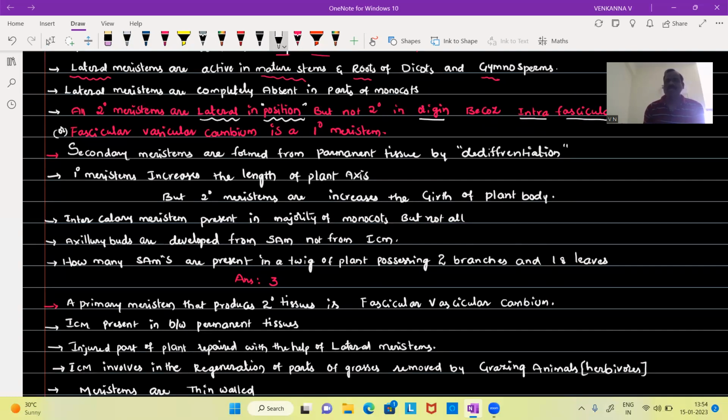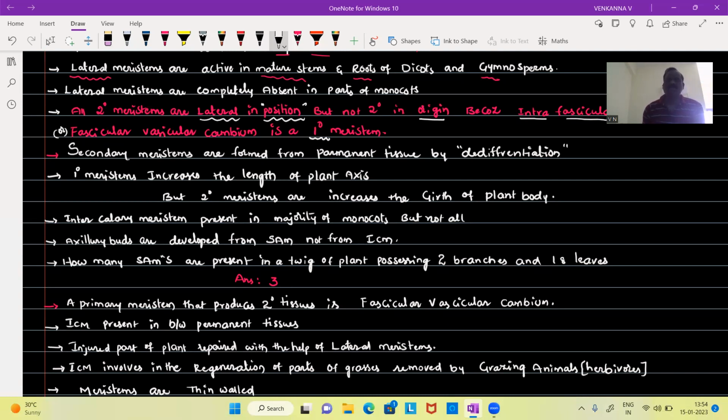This is a lateral meristem present at a lateral position, but it is a primary meristem. So all lateral meristems are not secondary meristems. All secondary meristems are not lateral meristems. Why? Because intrafascicular cambium is lateral in position, but it is a primary meristem.